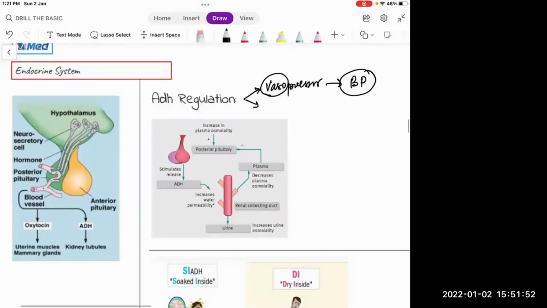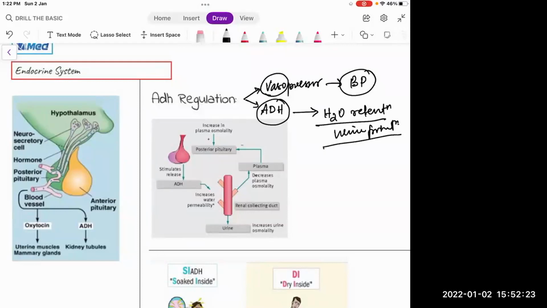And the other one is, as the name says, antidiuretic hormone, which has a role in the control of water retention during urine formation. So these are the only two functions of the antidiuretic hormone: one is vasopressor, a major role in blood pressure regulation, and the antidiuretic hormone, which has a major role in the water balance.